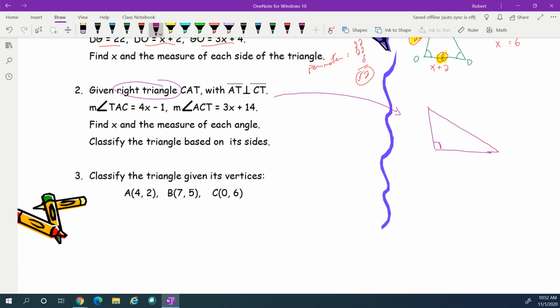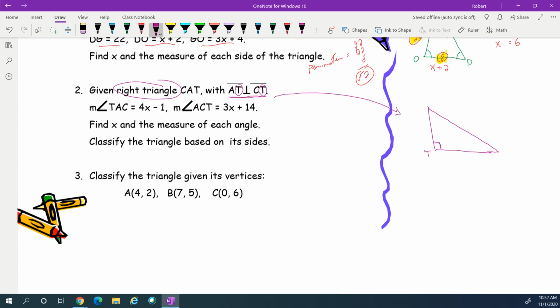Now I'm going to figure that out. AT is perpendicular to CT. Look at, they both use T, so that's where the lines come together. We know perpendicular lines form right angles. So think about that. Perpendicular lines, and we have a right angle. They meet at T. So there we go.